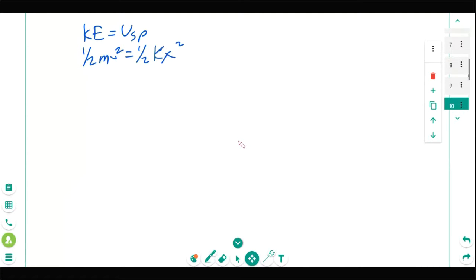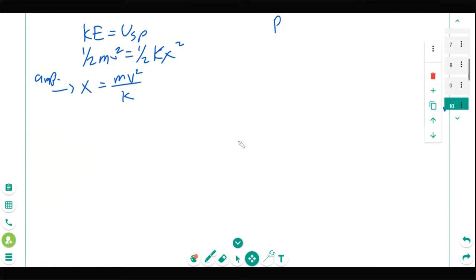So x, our amplitude, must be equal to, halves disappear, mv squared over k, which in our case is 3m, actually, we'll just leave it like that. The other part here is we need to find v.